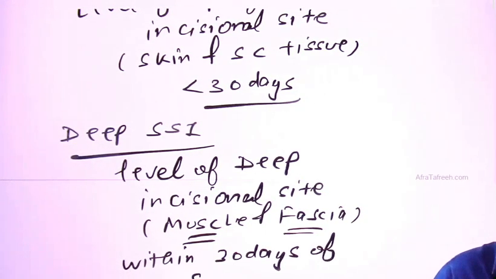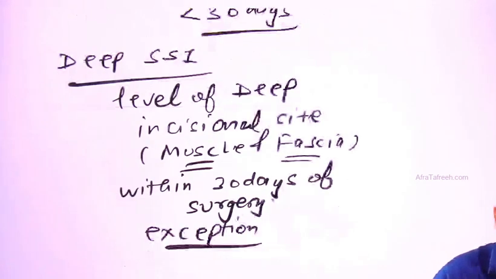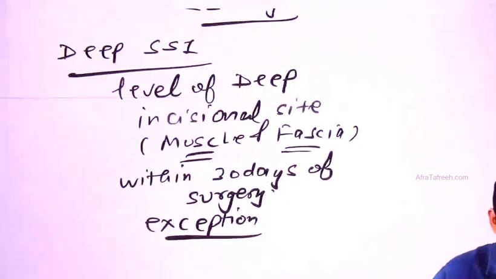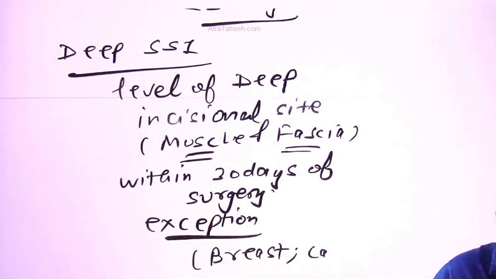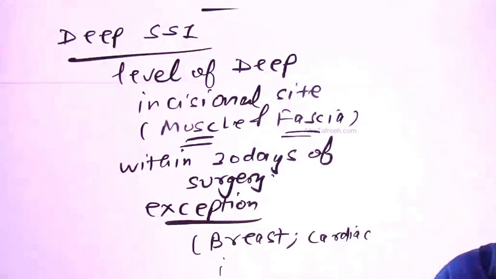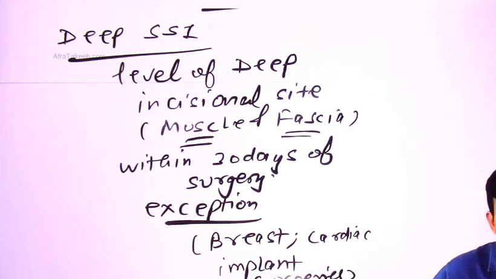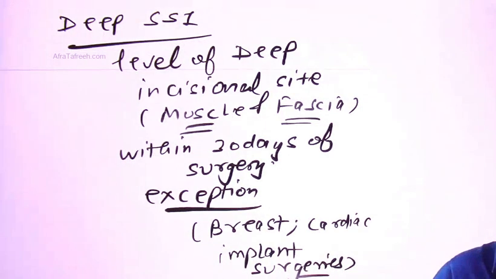The exception to this rule is the breast, the cardiac, or some implant surgeries. Joint implant surgeries are in the exceptions, because for them it is defined as 90 days, not the typical 30 days.